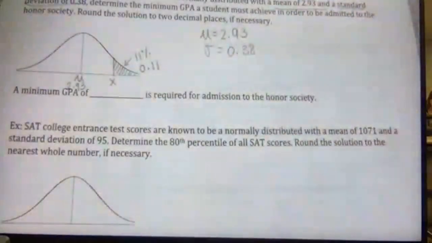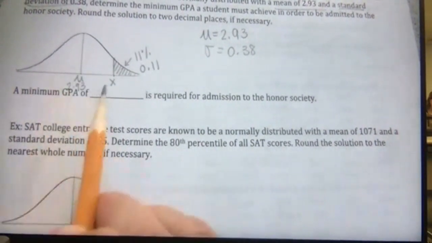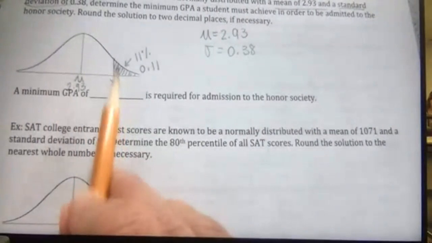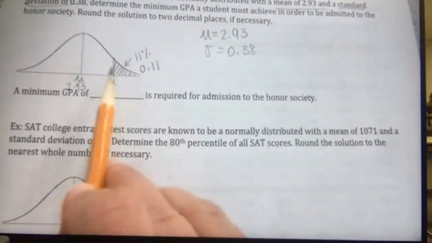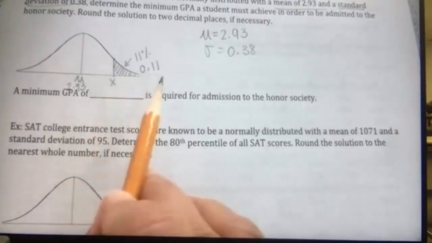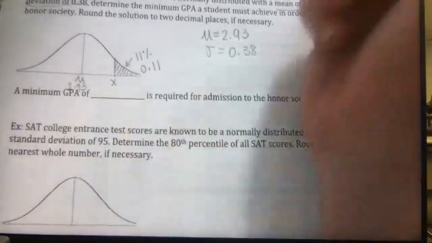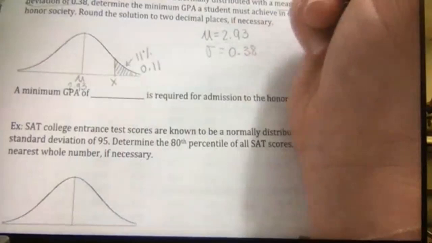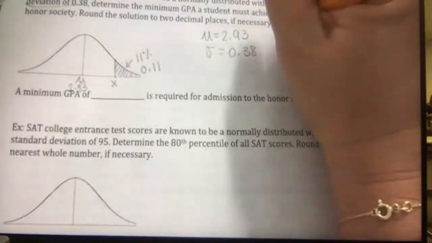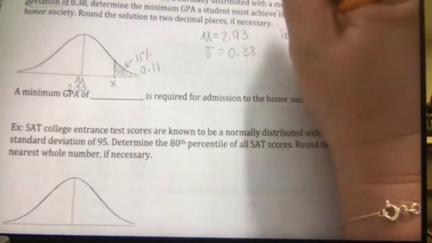In the middle is our mean, which is 2.93, and this is our x value. So we're looking for that x value. Notice this x value would give us the minimum needed, because we're looking at it from left to right. Because it's on the right hand side, this is the minimum, so we're good. All right, so 2 options. If you have a calculator like mine, you can do inverse norm.